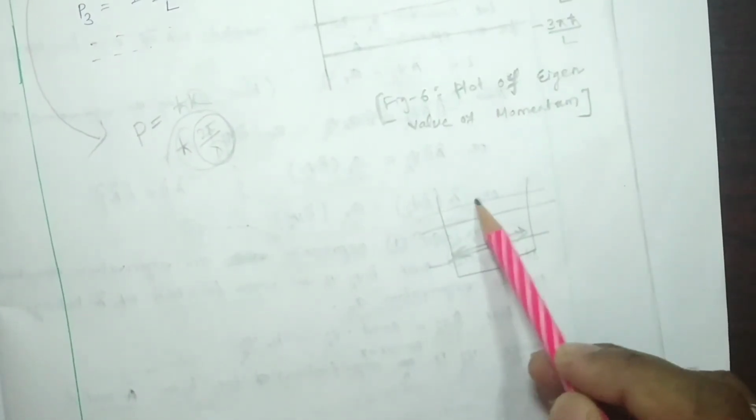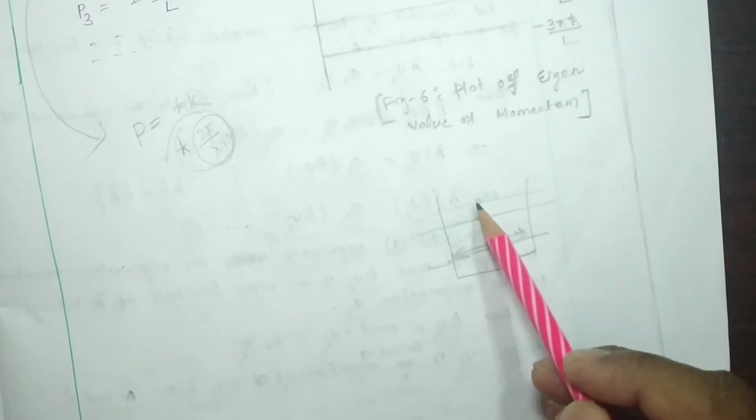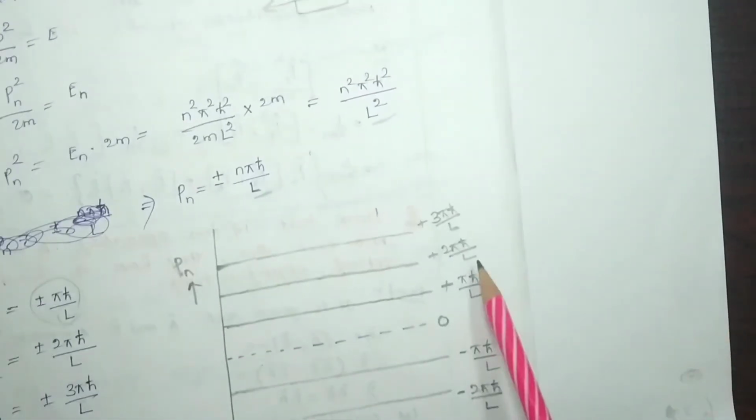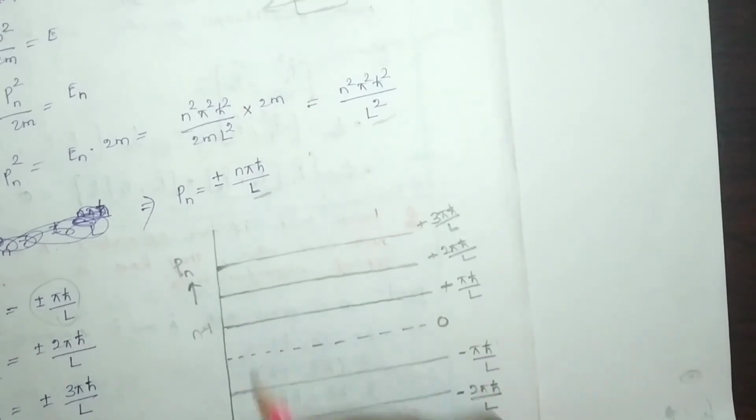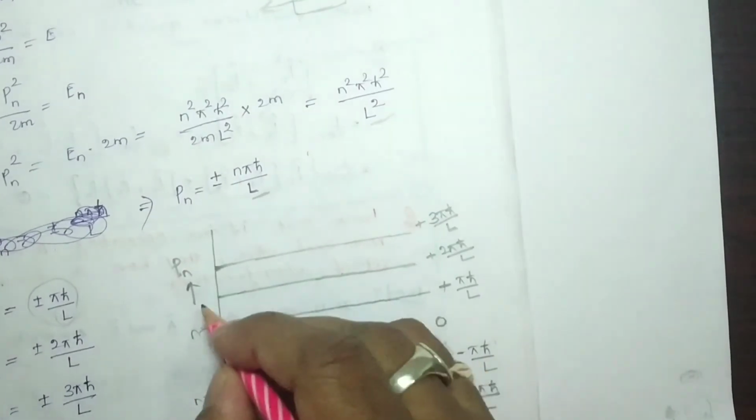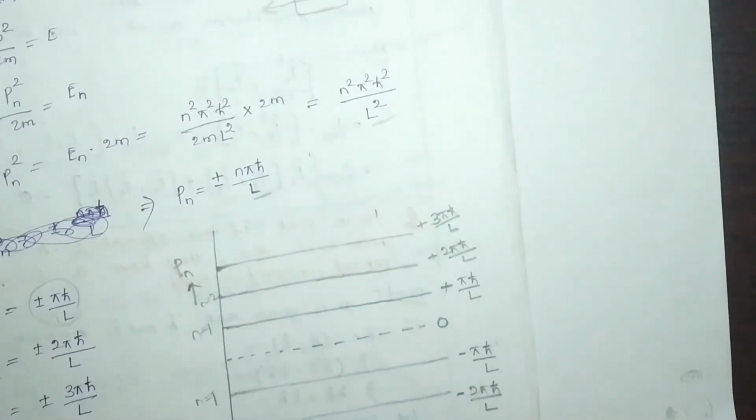And this scenario we can also find with other excited states, but with different momentums. This is for n is equal to 1, this is for n is equal to 2, and like that.